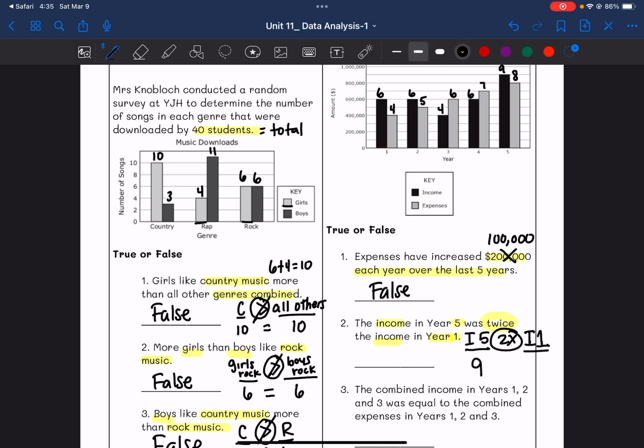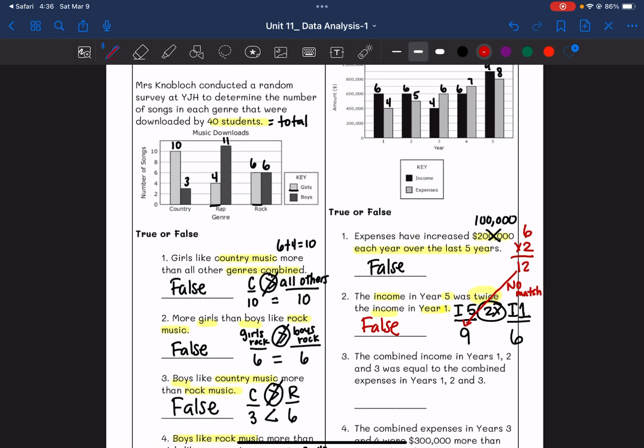Okay? So if I take a look at this, 9 should be double of 6. But if I do 6 times 2, because remember, I want to know what double of 6 is to see if 9 is correct. 6 times 2 is 12. These two do not match. Okay, so that means this is false.